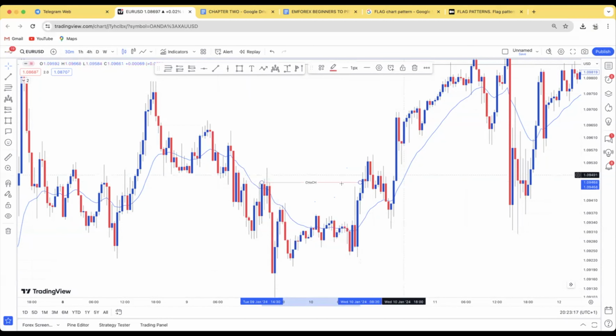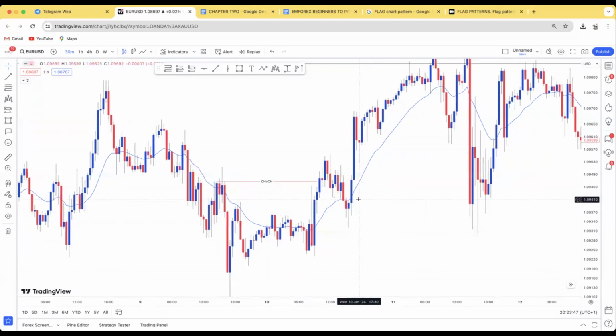The next thing after the CHOCH, price came back to retest previous support and then gave us this pattern formation. You can see here it held, struggled through, and then finally broke through, came back, and then it's now giving us a hammer formation.